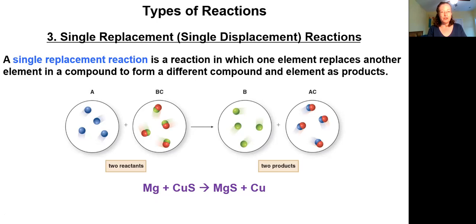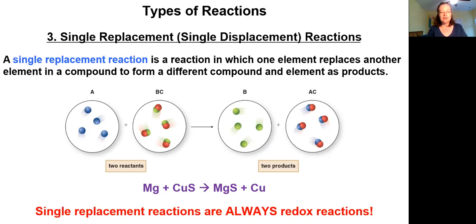And do you see how these will be sometimes, always, or never redox reactions? We're always going to have an element by itself on the left and an element by itself on the right. It's definitely always going to be a type of redox reaction. Single replacement or single displacement reactions are always redox reactions. They'll always have two elements by themselves, one on each side.